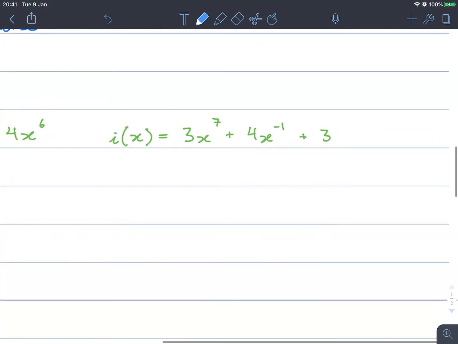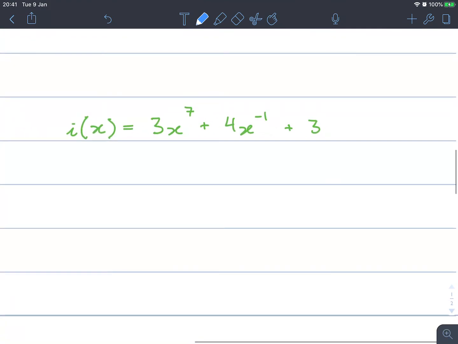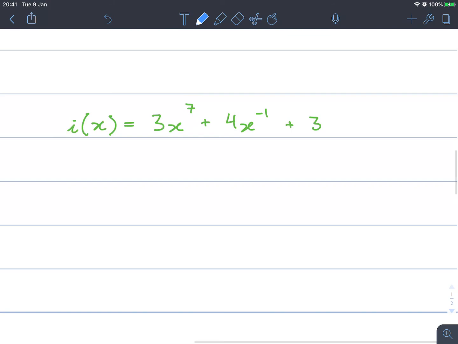Let's take a look at this one. I want you to give this one a go and use all the definitions you know from the prior to determine if this is a polynomial or not. Well, if you notice that x here has a negative integer power, this is not allowed.